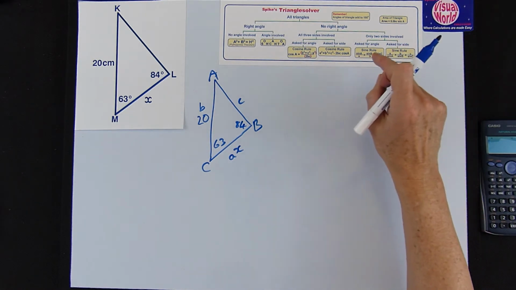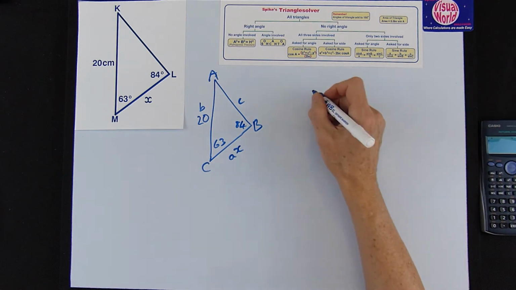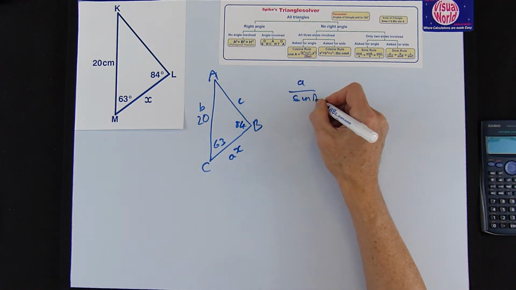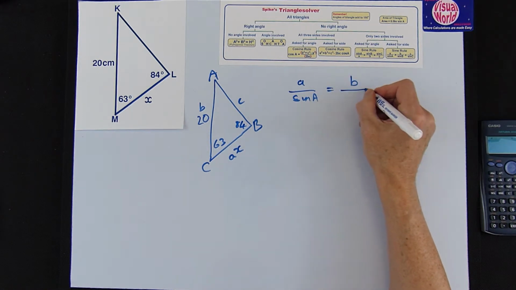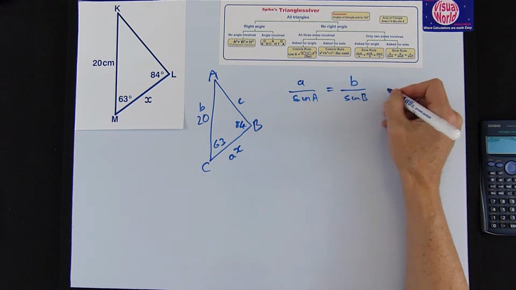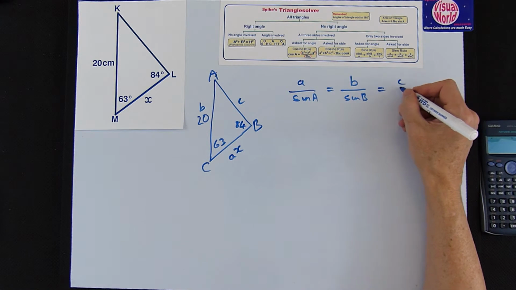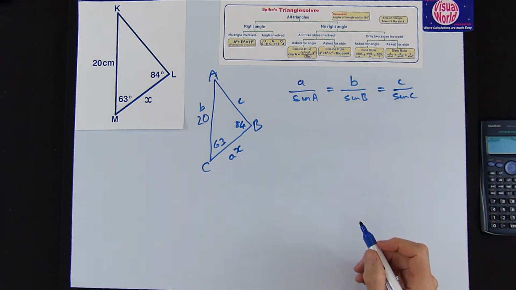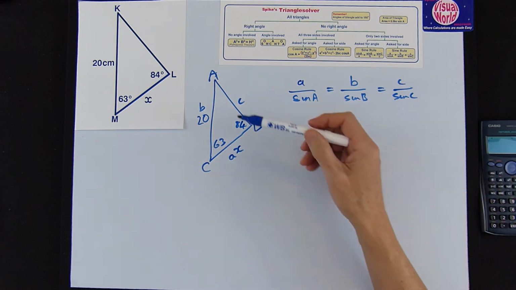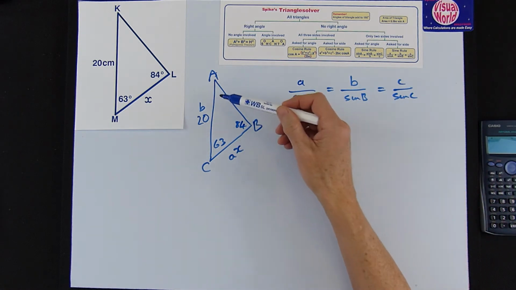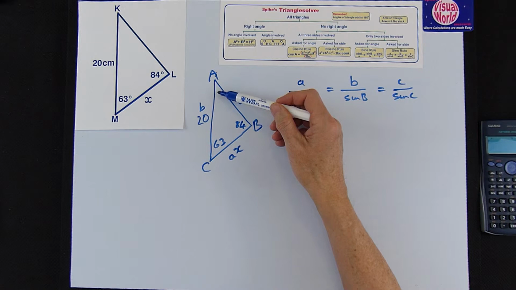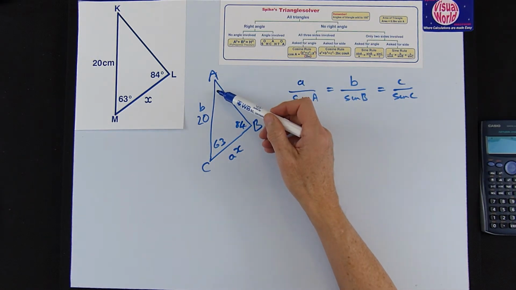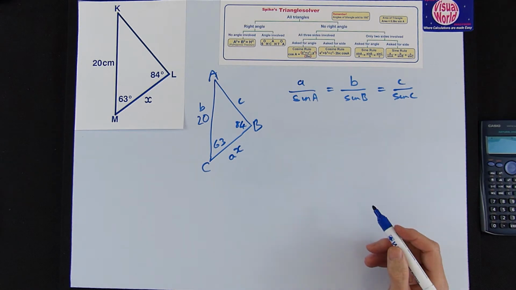So this time we're looking for a side, so we've got to use A over sine A equals B over sine B equals C over sine C. Right, let's see what we've got. And if you look at that, we've not got the one up there for the A, have we? So it's a bad start to get our A, so we can't do it.